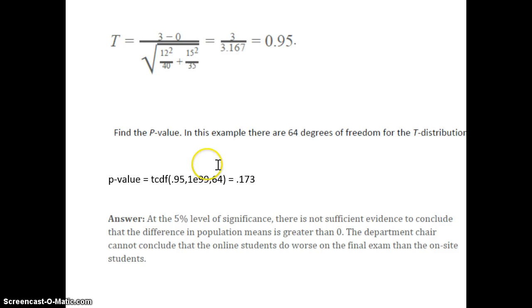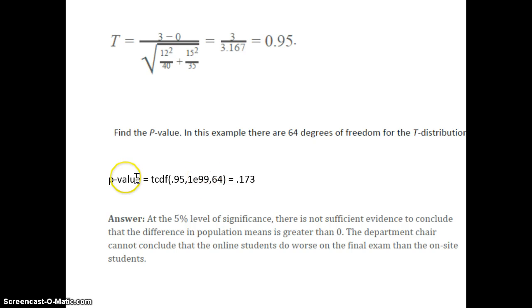Now, they tell us that in this example, the degrees of freedom is 64. Again, it would be hard to compute. This is a right tail test, so the p-value is tcdf(0.95, 1E99, 64). The p-value is 0.173.